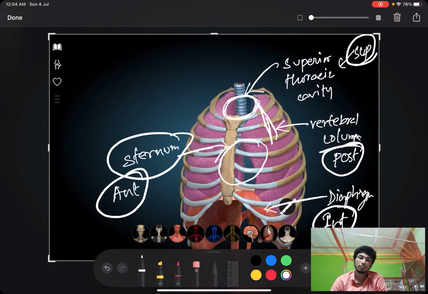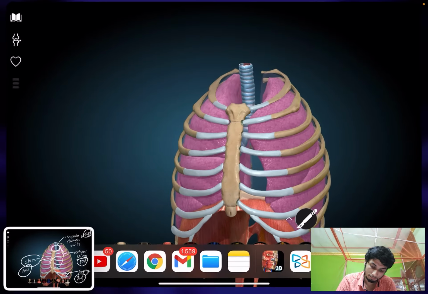So we understand the boundaries of mediastinum, and now the contents of mediastinum.